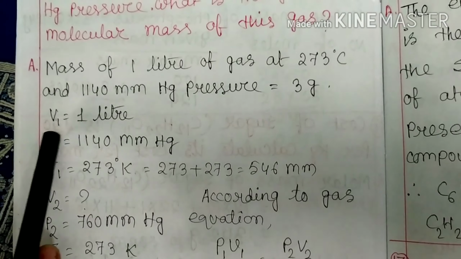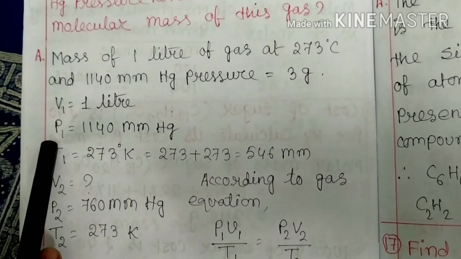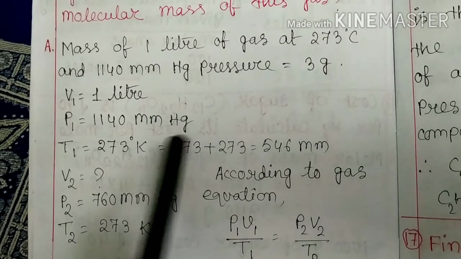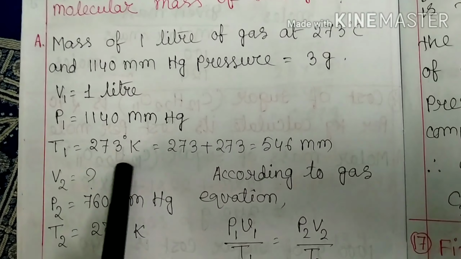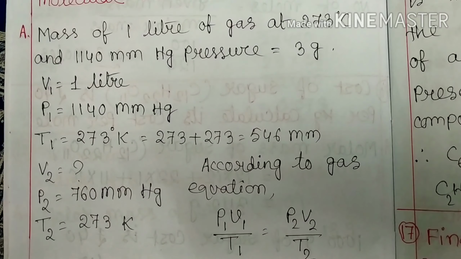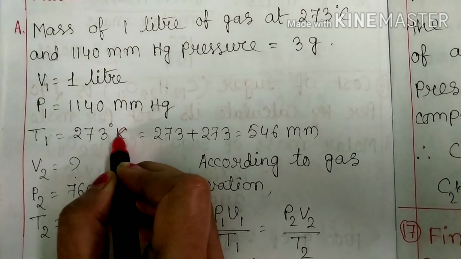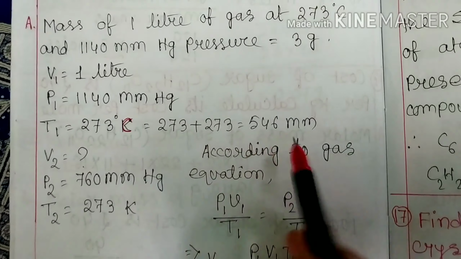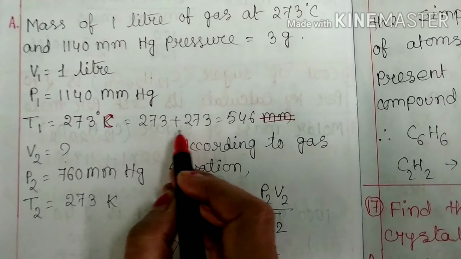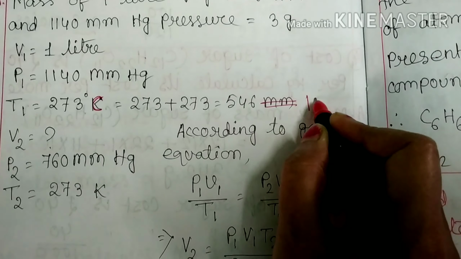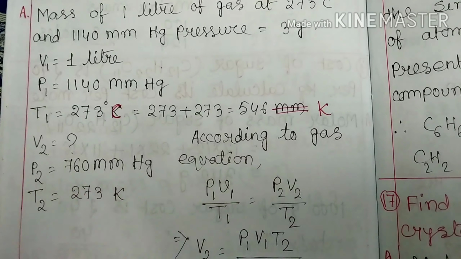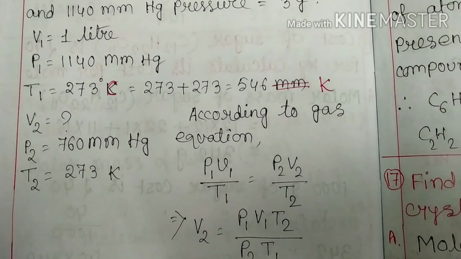Now V1 equals to 1 liter, P1 equals to 1140 mm Hg, T1 equals to 273 degree C, means 273 plus 273, means 546 K. Now V2 equals to question mark.